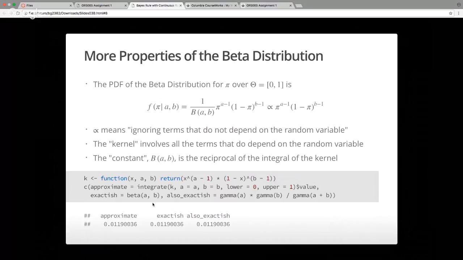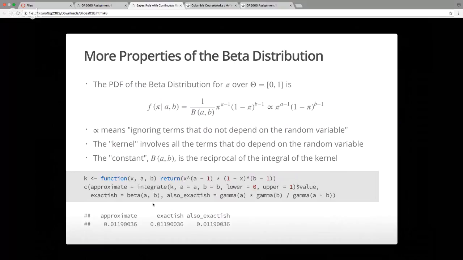He had to figure it out with a feather and ink. And that required him to know that the PDF of the beta distribution can be written like this. Anytime I put the proportional symbol, I mean these are the terms that involve the random variable pi that we're interested in.